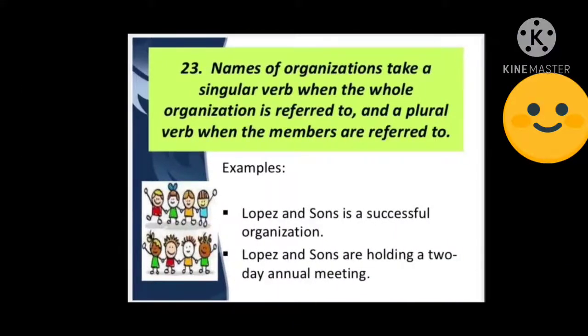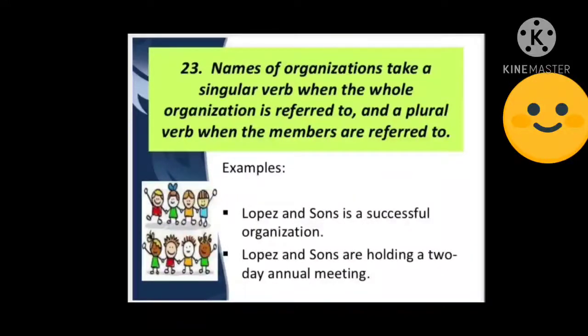Rule number 23: names of organizations take a singular verb when the whole organization is referred to, and a plural verb when the members are referred to. Example, Lopez and Sons. So, Lopez and Sons, Tatas and Birlas, some companies are there, Johnson and Johnson, though and is there connecting two subjects.